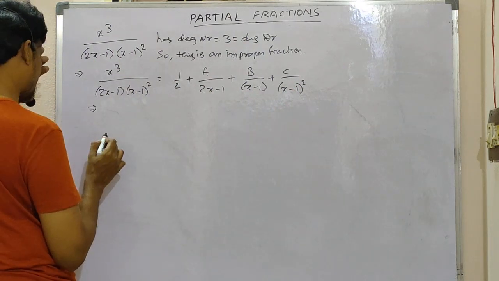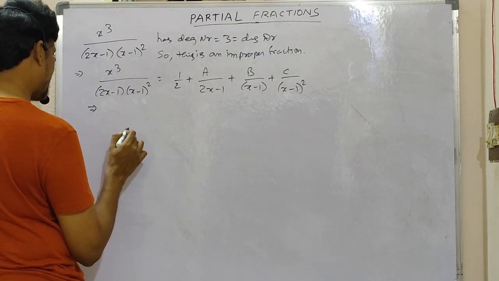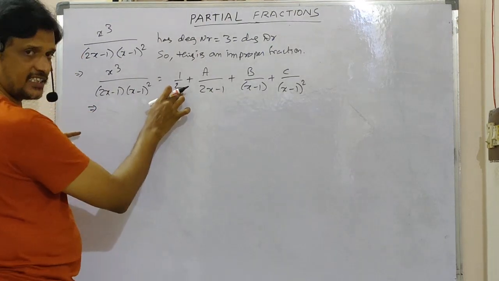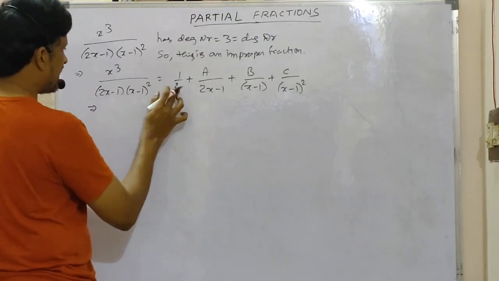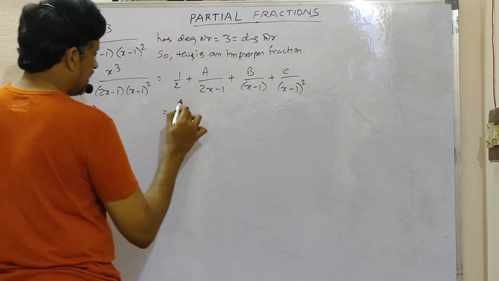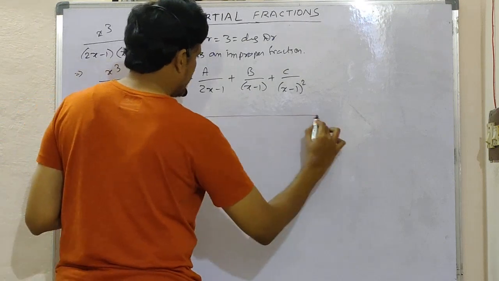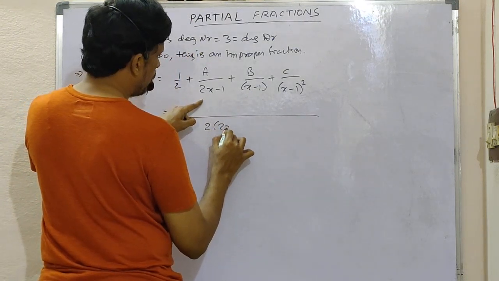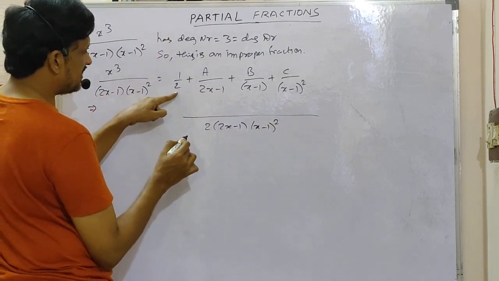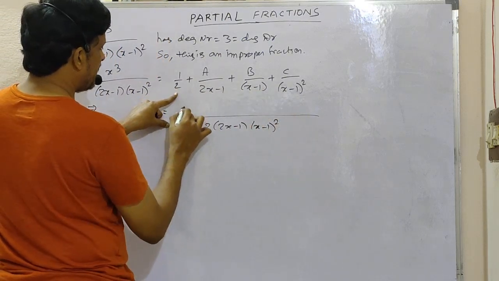and equate the numerators. So one important thing is, if you take the LCM, these all get cancelled other than these two. These two is there. So that is why I write that 2 here. Otherwise, in the next step we will write that one. If you take the LCM here, that will be 2 into (2x minus 1) into (x minus 1) whole square. Since this is 2, write the remaining.